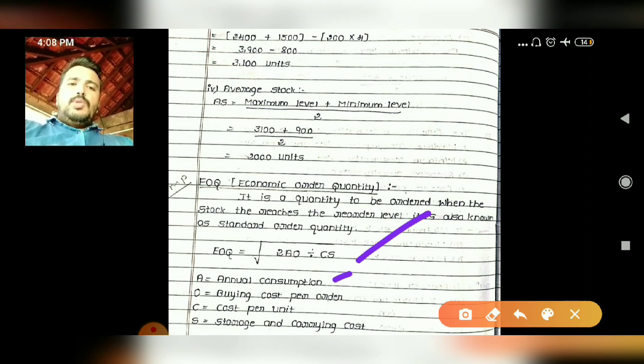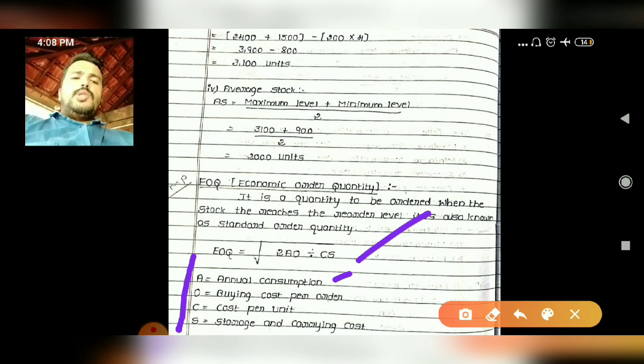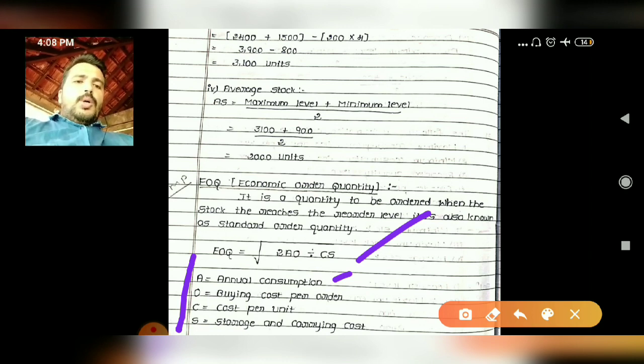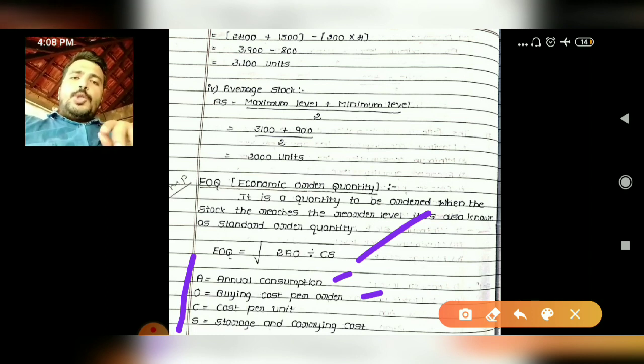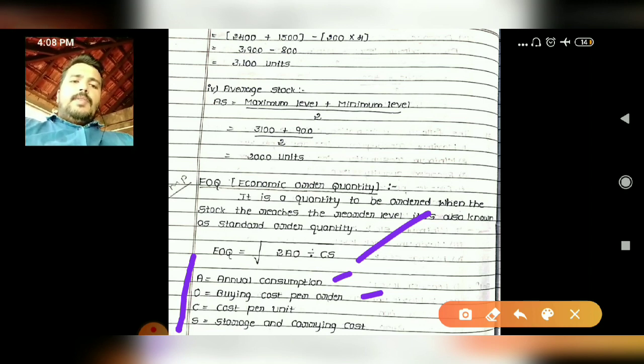A means annual consumption. All these things will be given in the problem itself. You just have to apply the items into the formula. Annual consumption, in the sense total number of units that you are going to consume in a year. Then O, buying cost per order. What will be the cost of buying for an order?